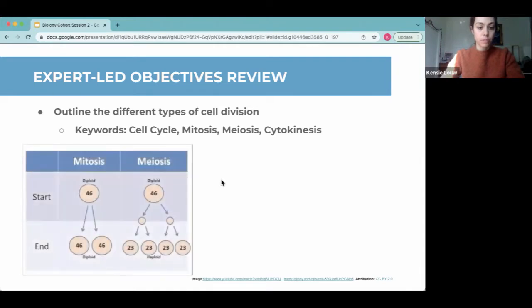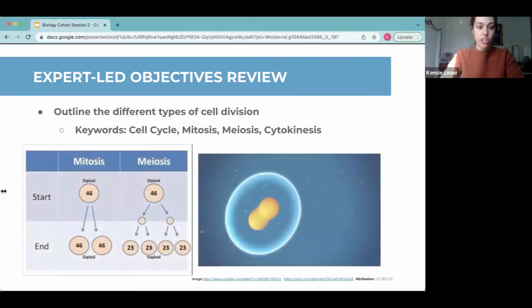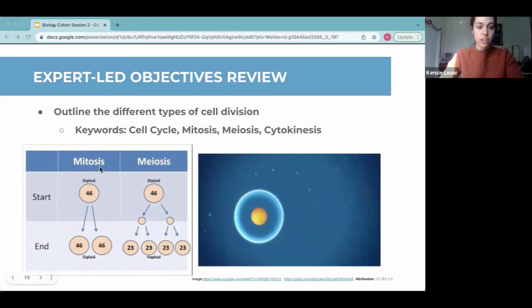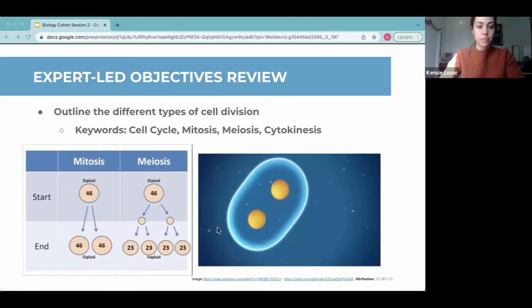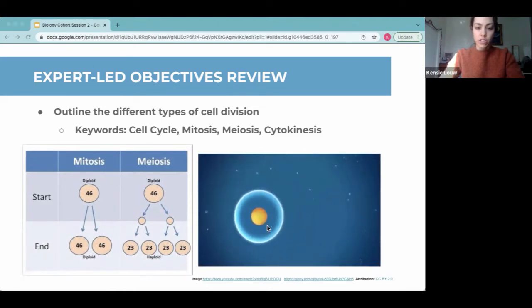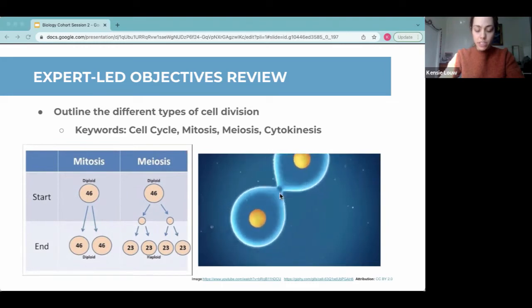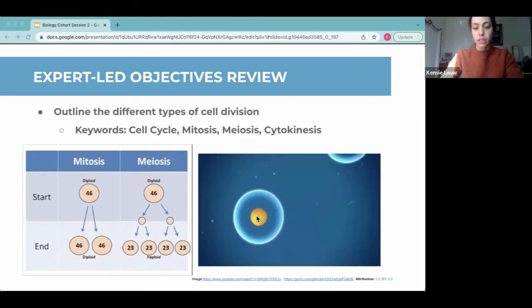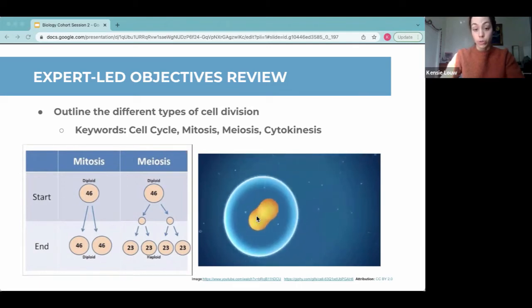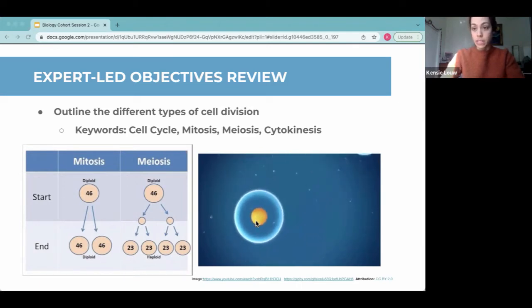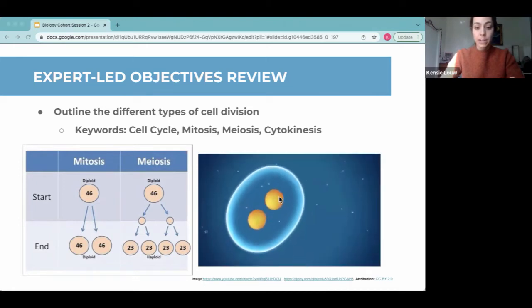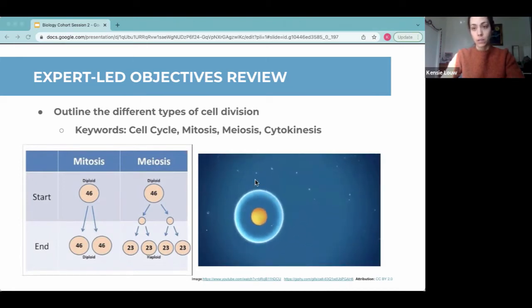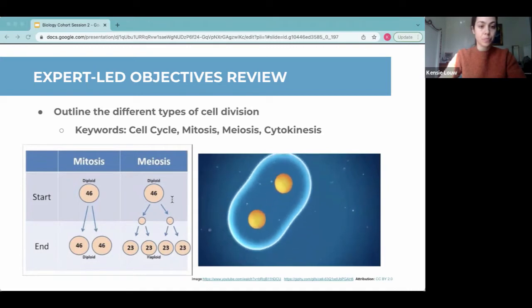So let's see. We have a little animation here of this. If you watch this little animation, first this yellow circle splits into two, and then the whole big circle splits into two. So the yellow circle is signifying the nucleus, and the nucleus, which is where the DNA is, will split and divide first, and then the rest of the cell will split and divide into two.